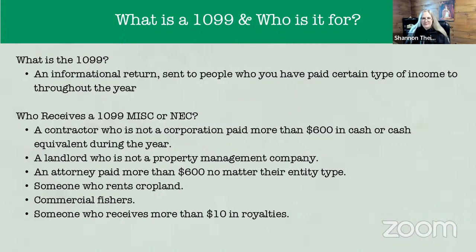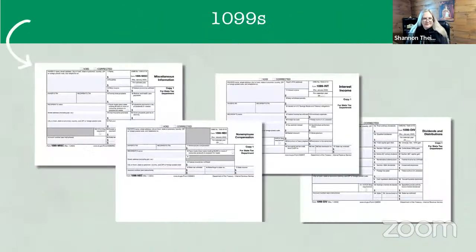So they rent it usually back to the farmer that they bought it from. Commercial fishers, because they deal a lot with cash and cash equivalent. And then anybody who receives more than $10 in royalties.